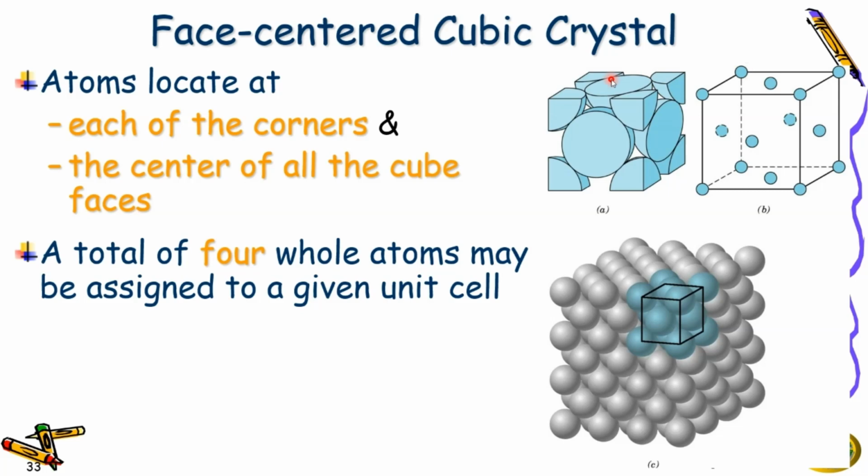And how many atoms for the rest? In one face, half an atom. So you have 6 faces, and half an atom in each face. That means 6 times half, which is 3. So in total, you have 4 atoms in this unit cell. No problem, right?